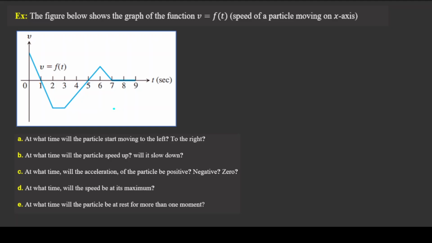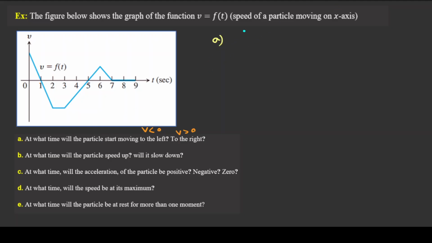Again, vertically it would be up or down. In the previous video, I explained the particle will move to the left when velocity is negative, and the particle will move to the right when velocity is positive. Very simple. Okay, so I'm going to solve part A.